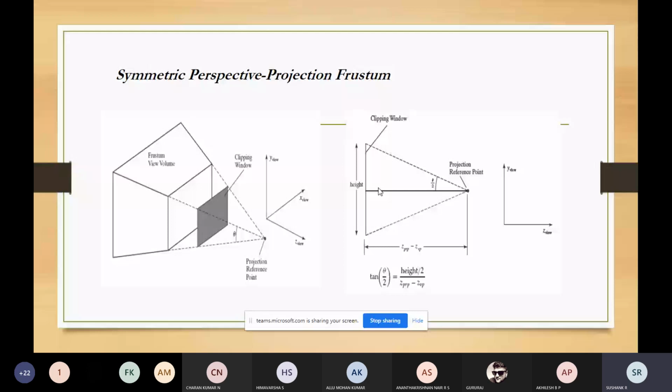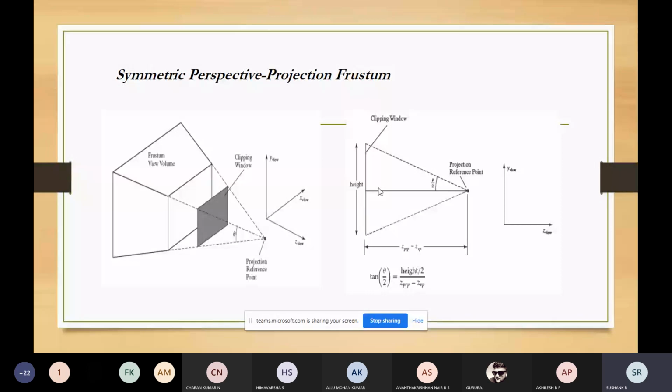Using this cone of vision, or the field of view angle, you can measure the size of the camera lens also. A larger value of this angle refers to a wider angle lens. If theta is larger, the lens angle is very wide.